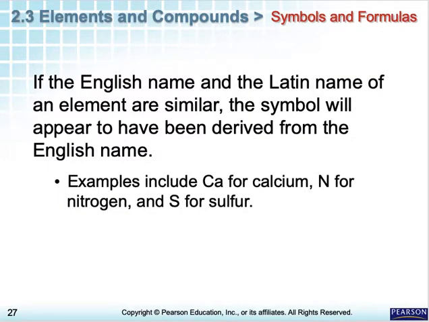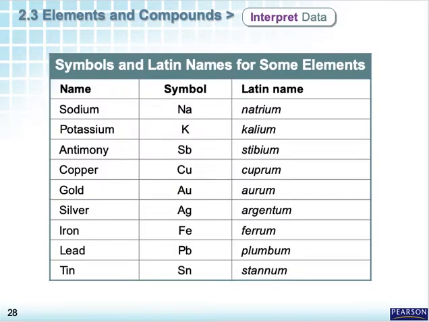If the English name and the Latin name of an element are similar, then the symbol may have the same first letter or two letters. For example, calcium is Ca, nitrogen is N, sulfur is S. However, not all of them are as easy. Sodium's Latin name is not very similar, so it does not start with an S, it starts with Na.